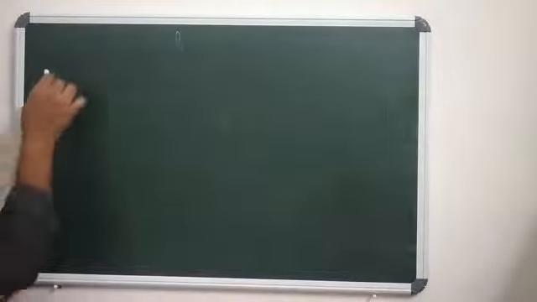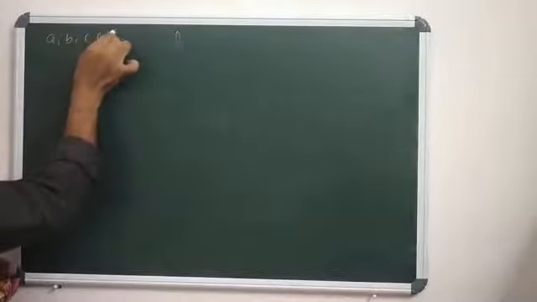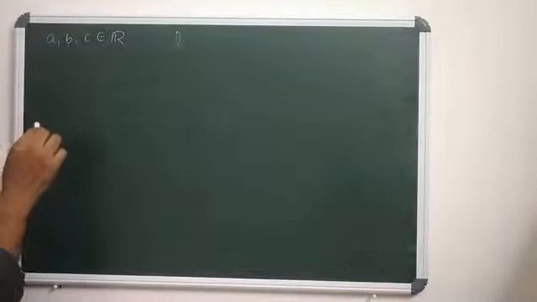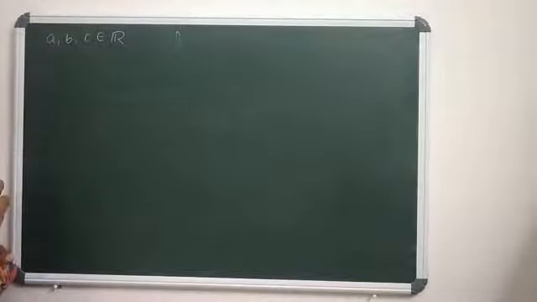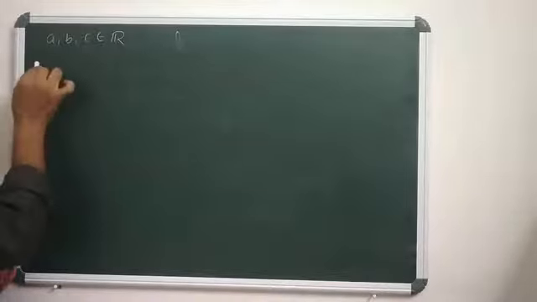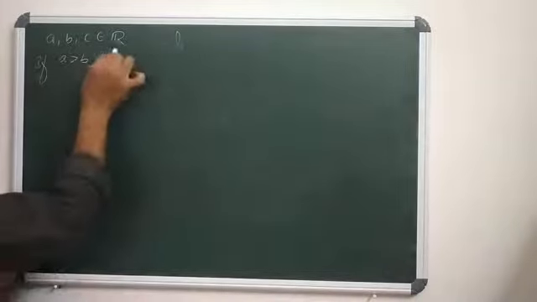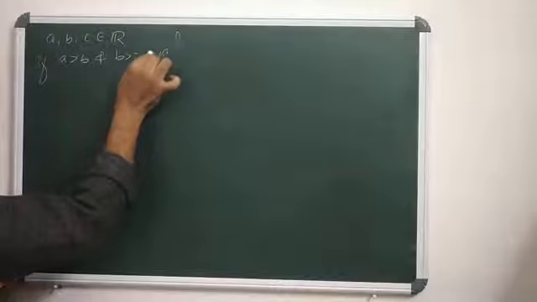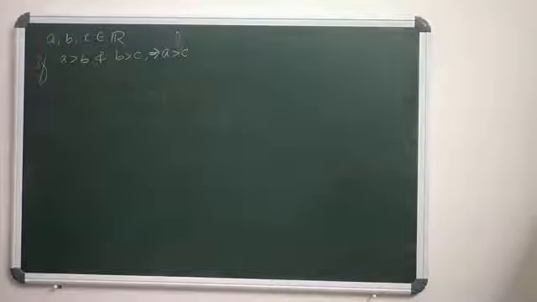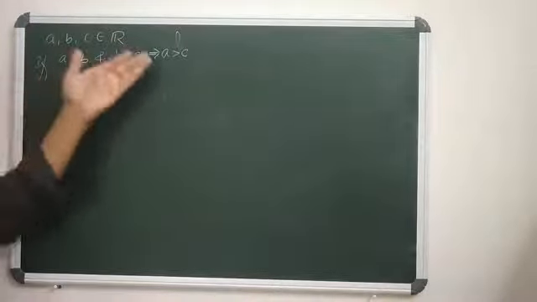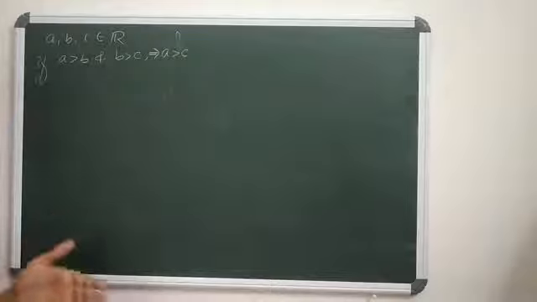If A, B, C are any three real numbers, and if A is greater than B and B is greater than C, then this implies A is greater than C. It is a familiar result, so we know this result.